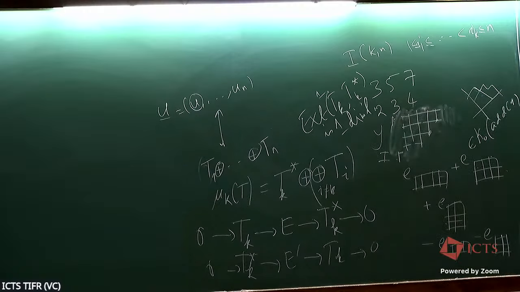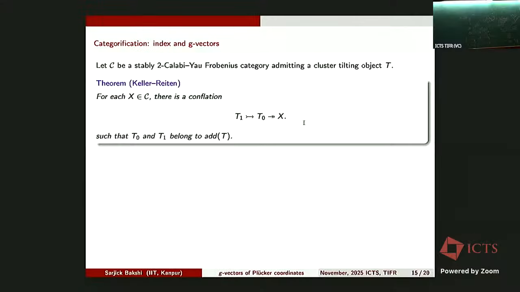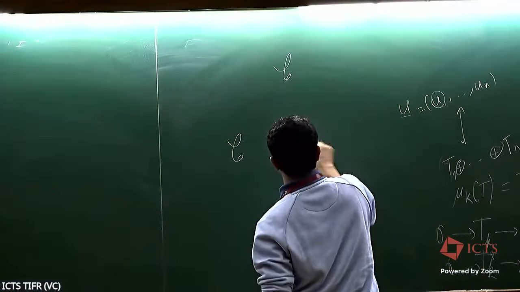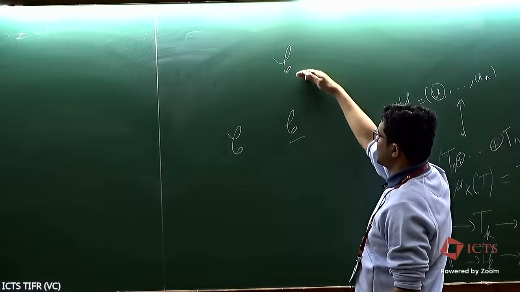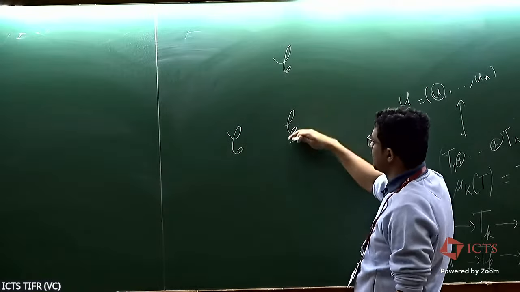Now we are interested in G vectors. Whenever we have a stably 2-Calabi-Yau Frobenius category C, you have an acyclic quiver, and then you start with the Frobenius category and you have the stable category. So you get the information of the Frobenius category, which is per se not a Hom-finite category, from a Hom-finite category.